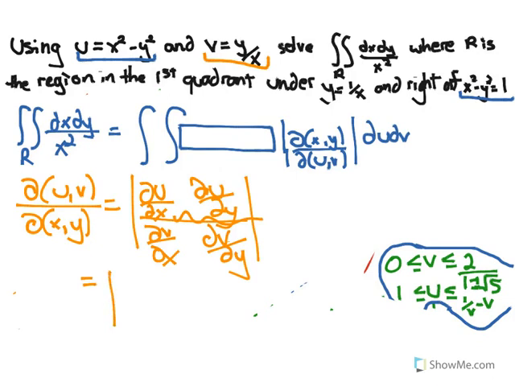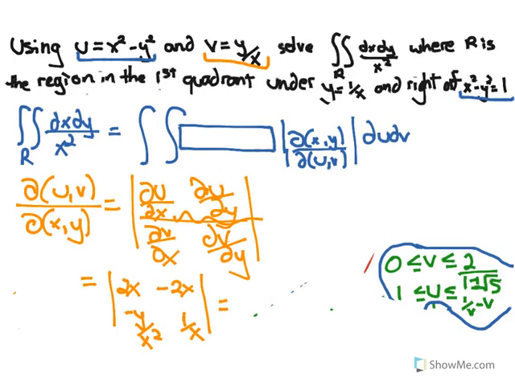So the partial derivative of u with respect to x is just 2x, with respect to y is minus 2y, v with respect to x is negative y over x squared. It took me a second. And with respect to y, it's just 1 over x.